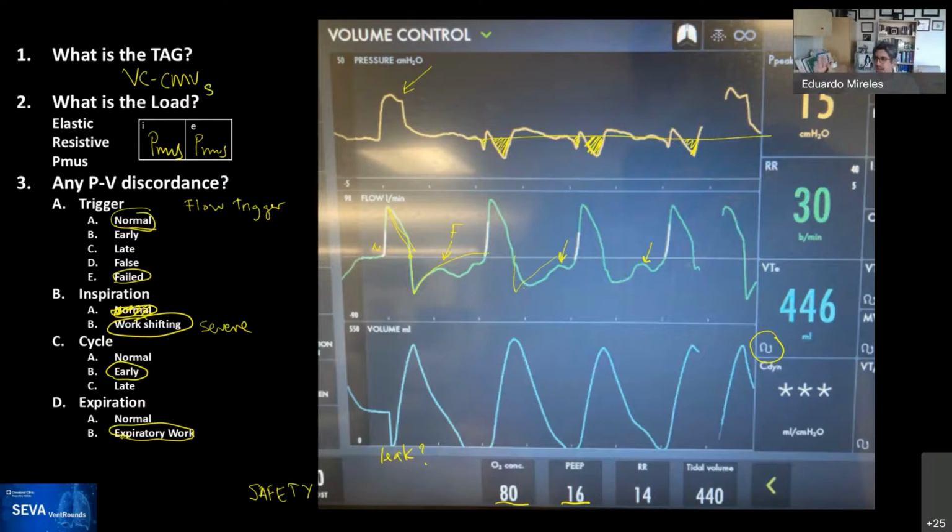So I'm going to ask those that have access to the chat, assuming that this was pressure control, and you could not use paralytics because there are none, we're in Lebanon. What mode of ventilation would you use for this patient under these circumstances? Just want to hear.